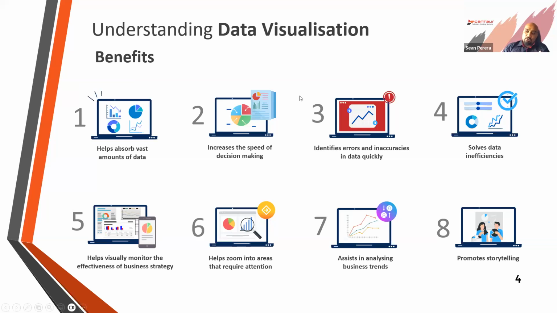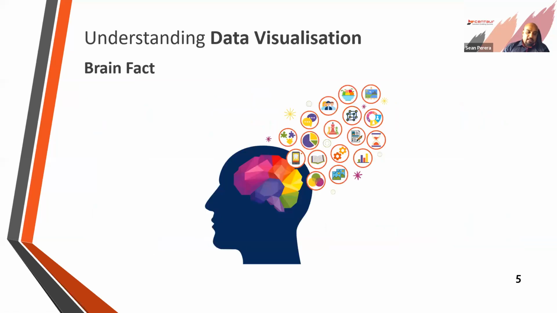And when we are talking about why data visualization is important, there is a very interesting brain fact that I'd like to share with you. The human brain can process visual images 60,000 times faster than text.